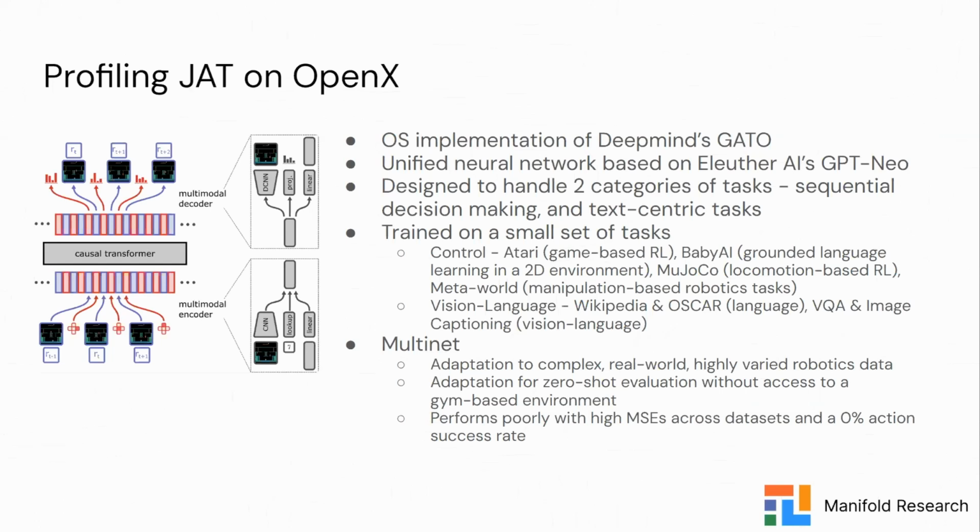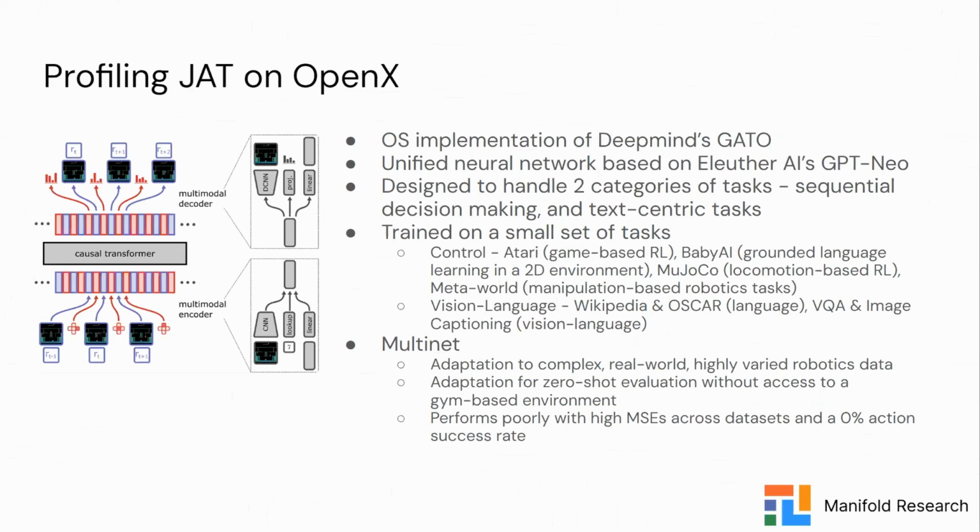So with Multinet, what we really wanted to do is adapt this existing generalist model to OpenX. And like I said earlier, that took a considerable amount of work just to adapt it to a completely new distribution of data compared to what it's been pre-trained on.